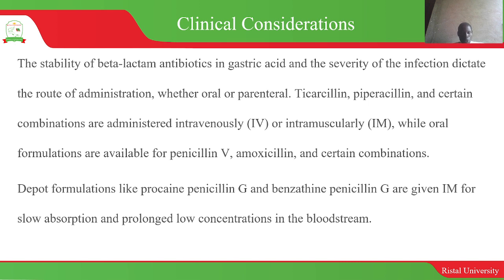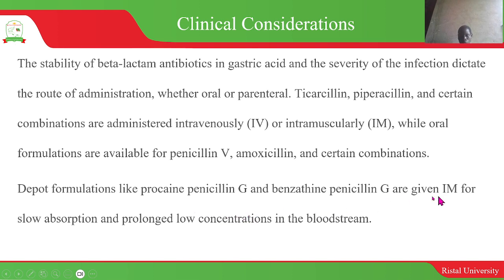and also certain combinations. Depot formulations, the ones we see in the vials, like penicillin G and also benzathine penicillin G, are given IM for slow absorption and for long, low concentration in the bloodstream. So they stay a little bit longer. They have longer half-lives.